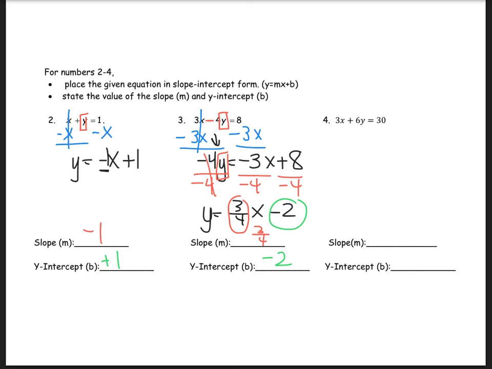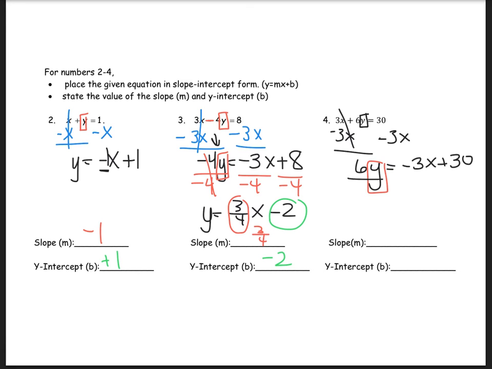And last but not least, we still want to get that y by itself. We're going to subtract that x to the other side. That cancels. 6y is equal to negative 3x plus 30. Get in a habit of putting the x first. Still solving for y.